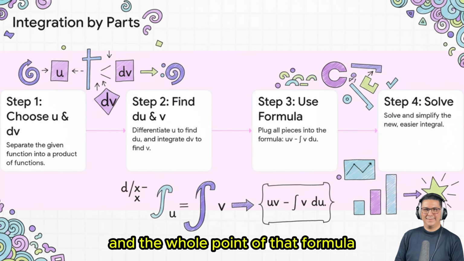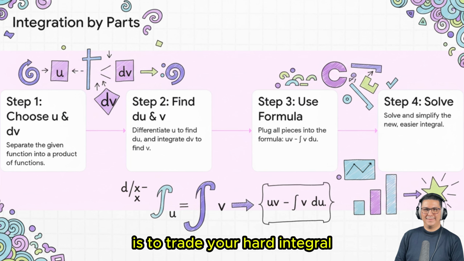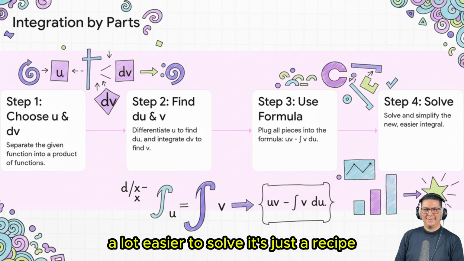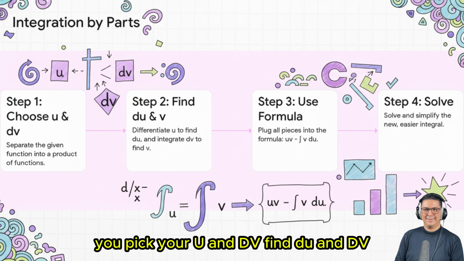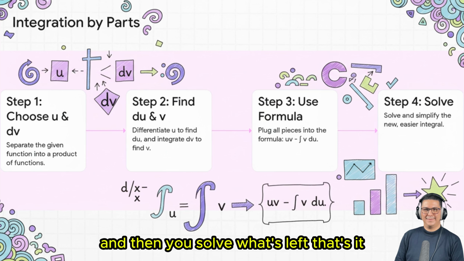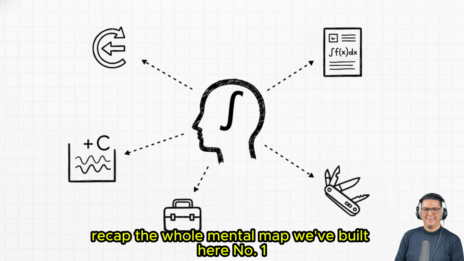And the whole point of that formula is to trade your hard integral for a brand new one that's hopefully a lot easier to solve. It's just a recipe. You pick your u and dv, find du and v, plug them into the formula, and then you solve what's left. That's it.